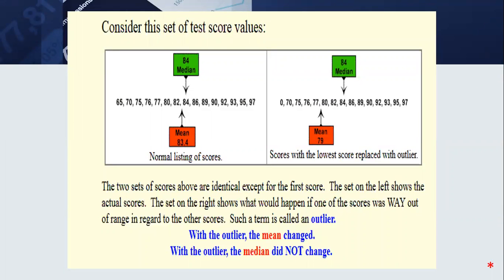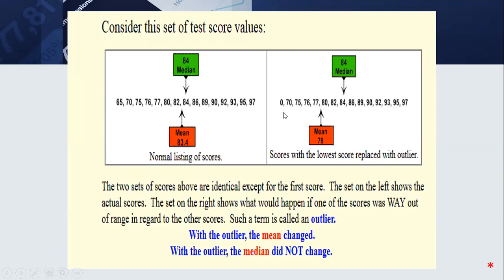Consider this set of values. The two sets of scores are identical except for the first score in the distribution. The set on the left shows the actual scores.